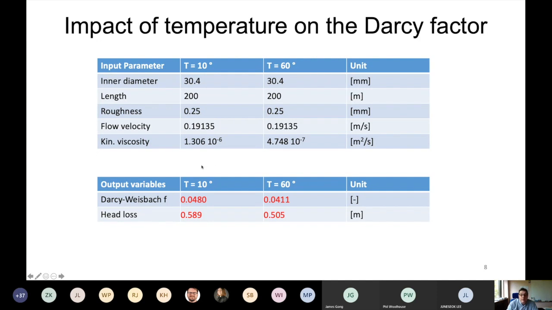The Reynolds number is about 4,000 to 5,000, so this is turbulent. And this is the friction factor, the Darcy-Weisbach factor that we calculate with the Colebrook equation here, and the head loss that we get. And as you can see, the temperature plays a role, of course, for the head loss that you have.